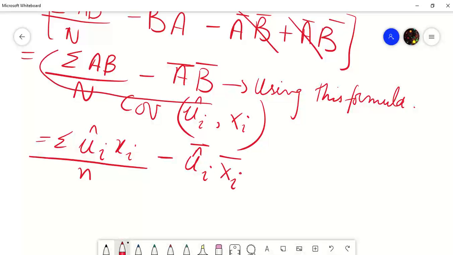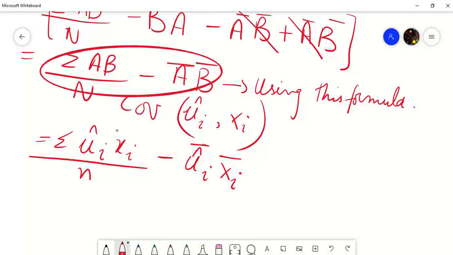By using this formula, we replace a with mu I hat and b with xi over n, minus a bar which is mu I hat bar and b bar which is xi bar.